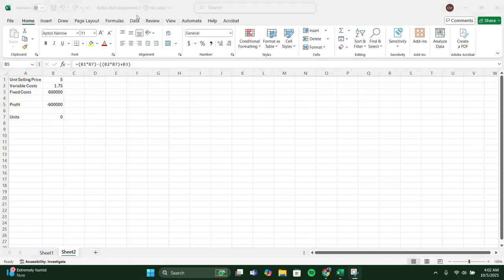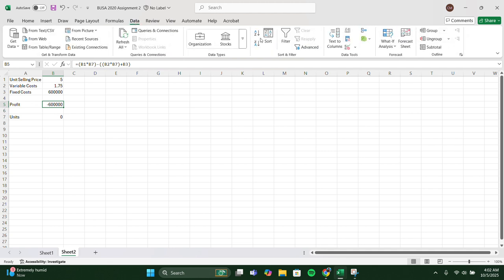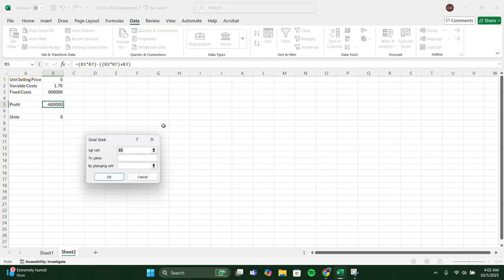For the Goal Seek analysis, I'll go to the Data tab and search for What-If Analysis. Under What-If Analysis, we have Goal Seek. Then we set the cell.